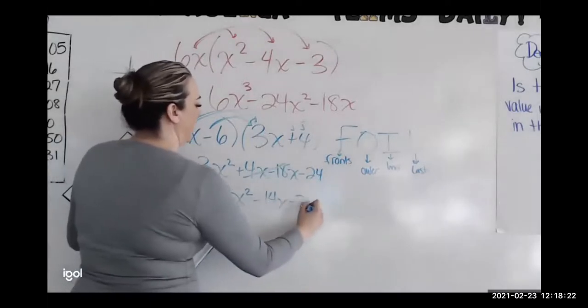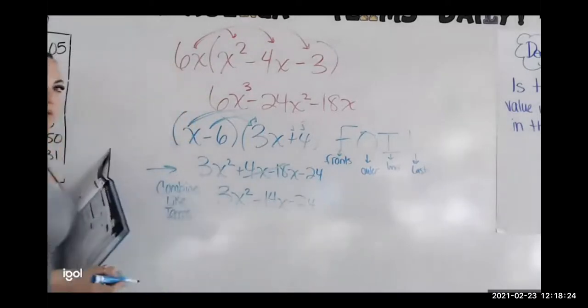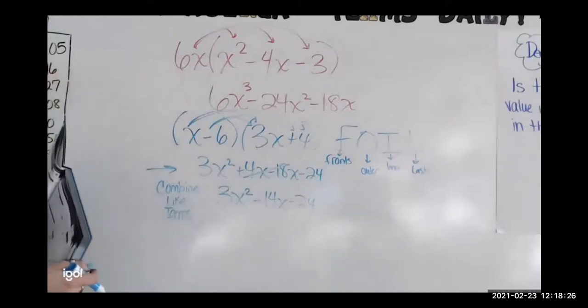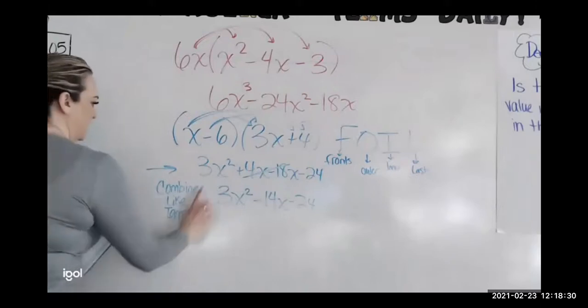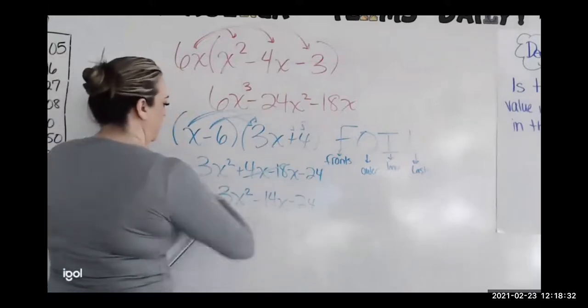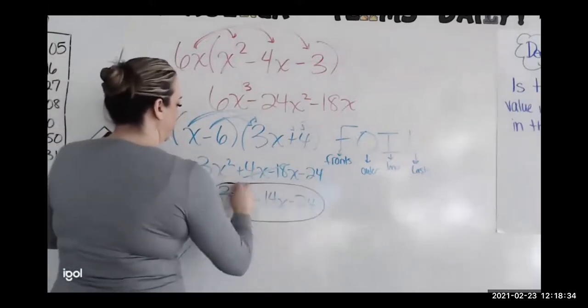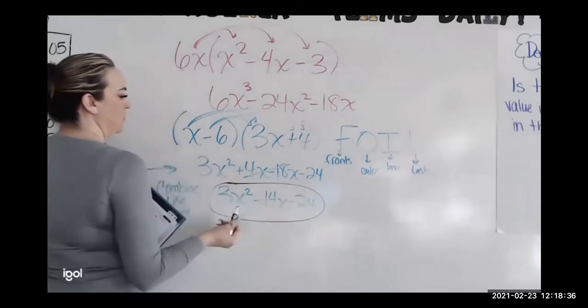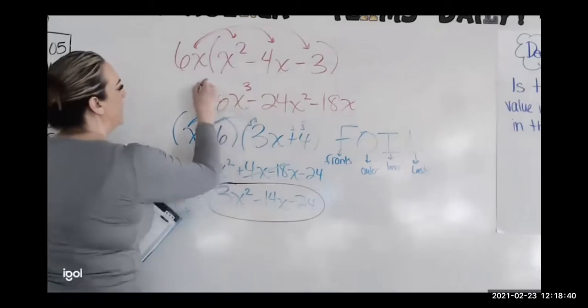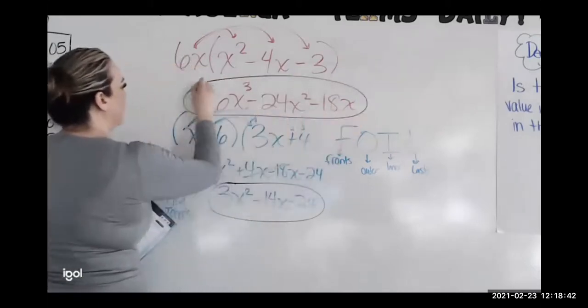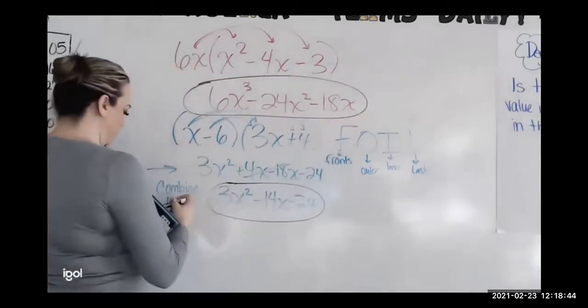And finally, we have negative 24. So this will be our final polynomial, and it has 3 terms, so we know it's specifically called a trinomial. Up here, this was our final, also had 3 terms, called a trinomial.